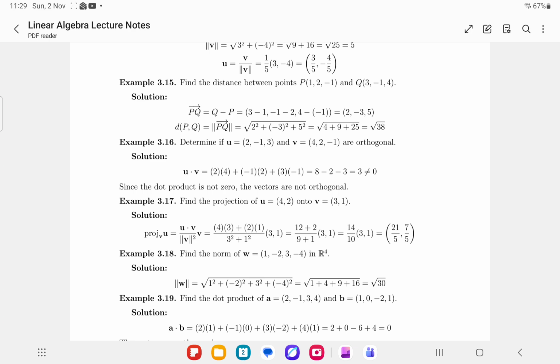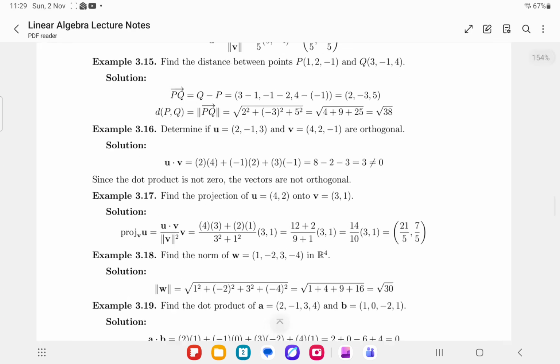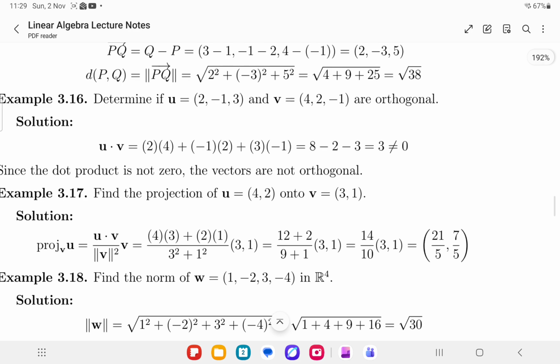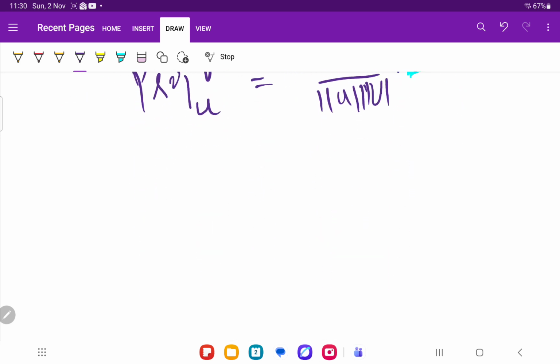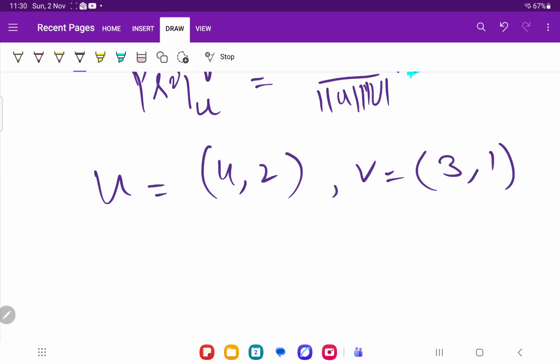For example, we have been given two vectors, 4 2 and 3 1. So first of all, to find the projection, what do we need?